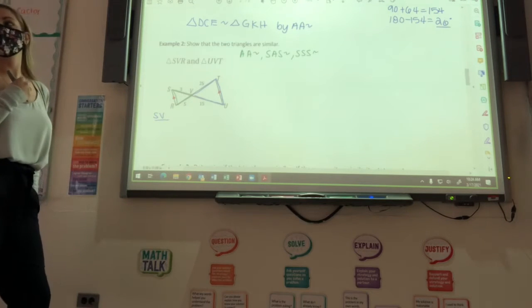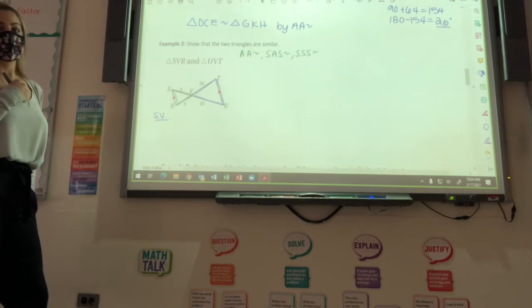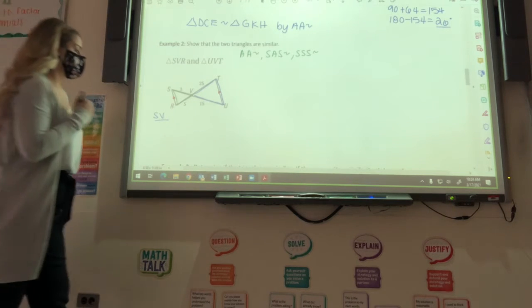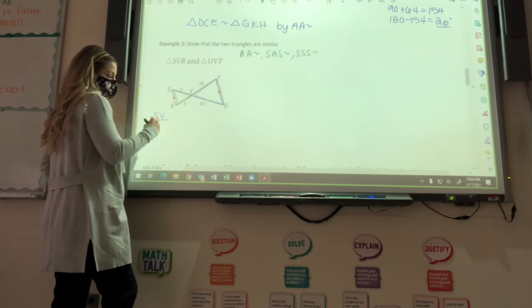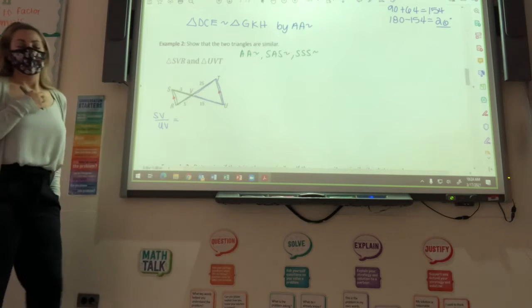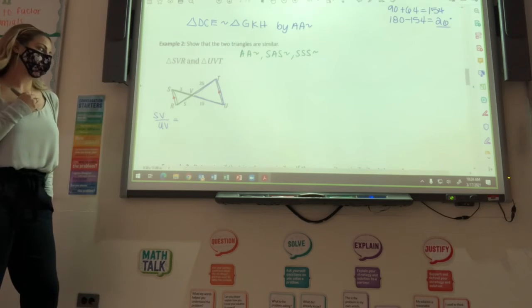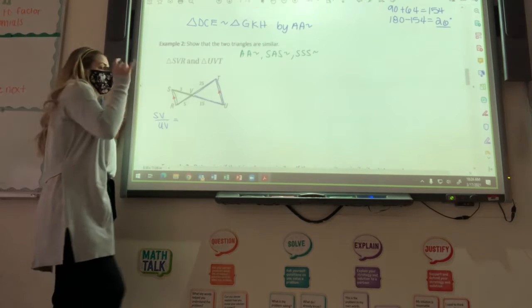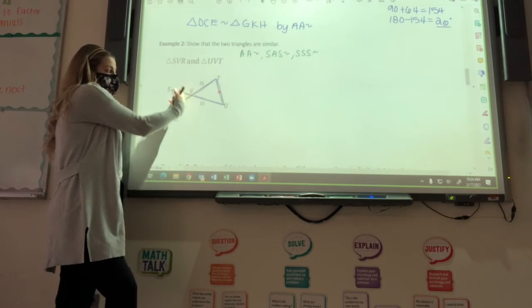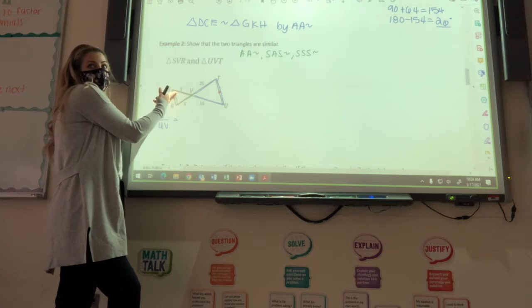What side corresponds with SV? Or SV on TV? Oh, SV? It could be on TV too, right? Or not? So SV, VU. Between these two sides in the green triangle, SV is the smaller side, right?